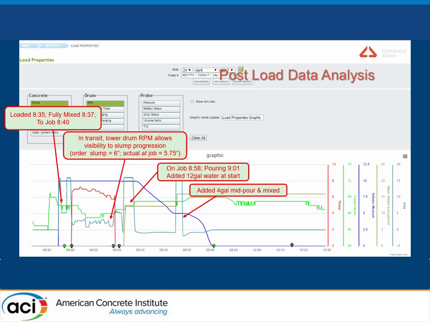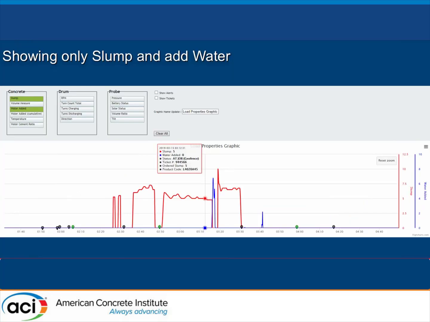To simplify things, I'm just going to show you the water added part of the graph. You can choose this. So what we have here is the slump. He mixed in, and the slump was there, and then he's mixing some more, and then there's the slump. Now, in this graph, the blue spike is the water added.